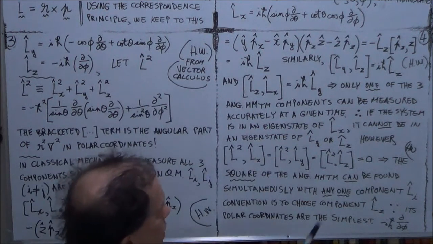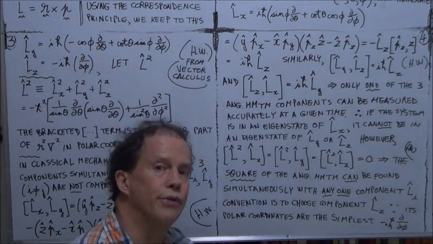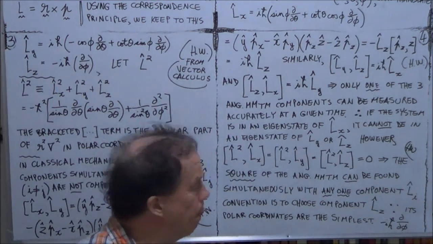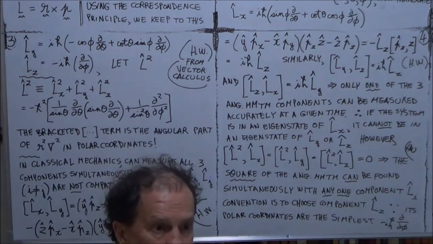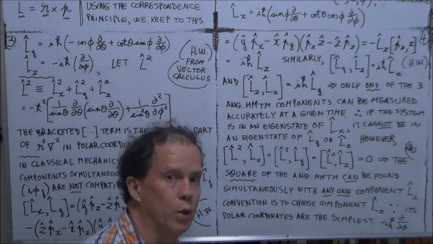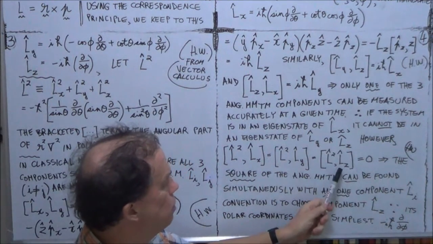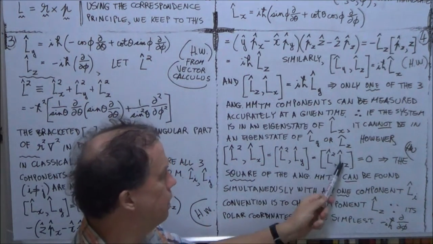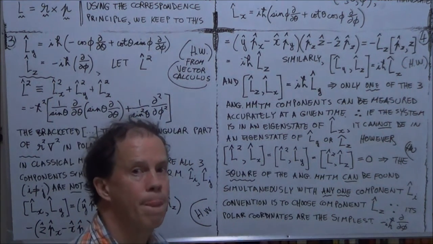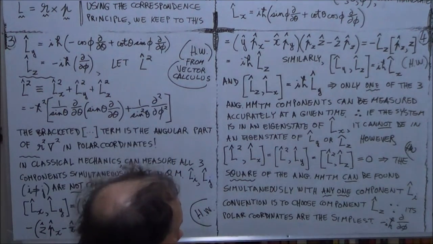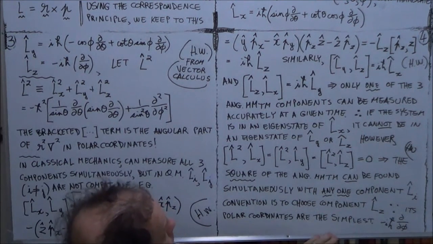So let's just choose the Lz form, because when the time comes to actually solve for the eigenfunctions, the fact that the operator here is so simple simplifies the solving of the eigenequation. That'll become clearer when we actually do it, but that's the reason for choosing this component to be the one that is compatible with L squared. Right? Okay. Well, that's as far as I've got on board for this session.